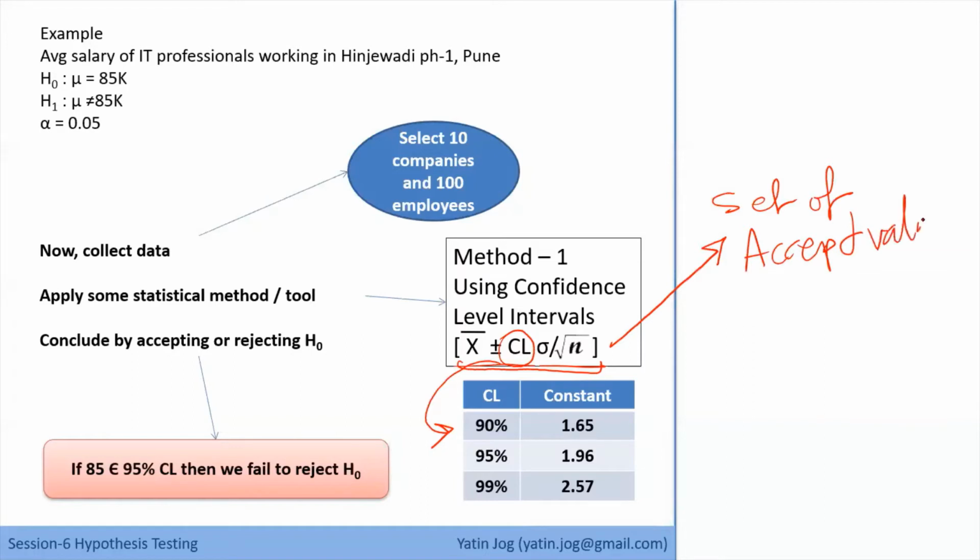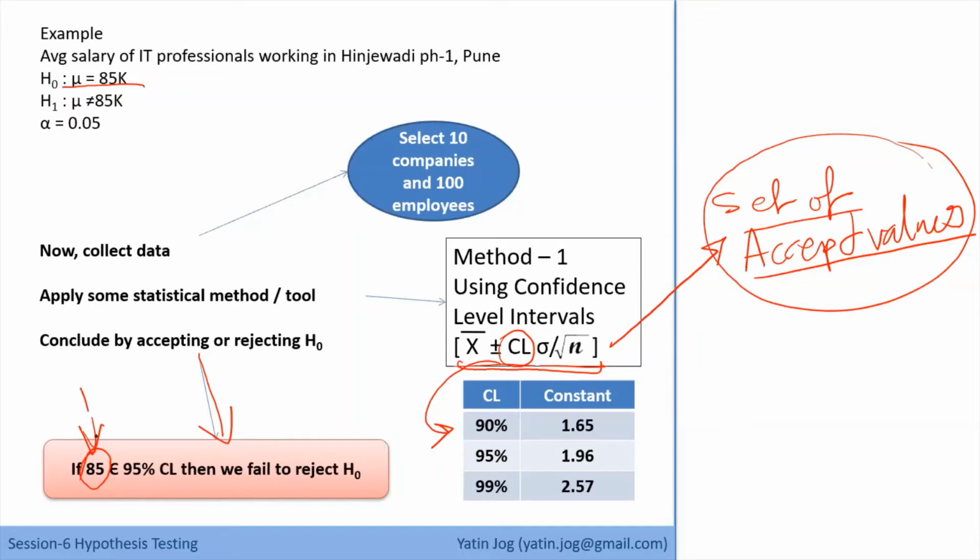So then comes the rule in the picture. The rule says, whatever is your H0, for example mu equal to 85K is my H0, whatever is your assumption, if that assumption belongs to your set of accept values, then your assumption is correct.